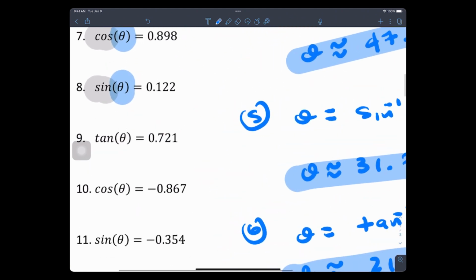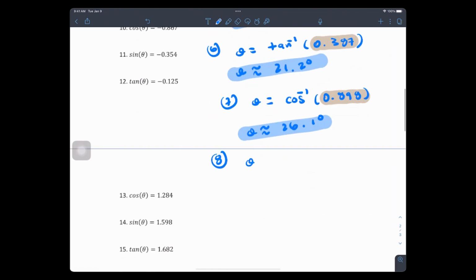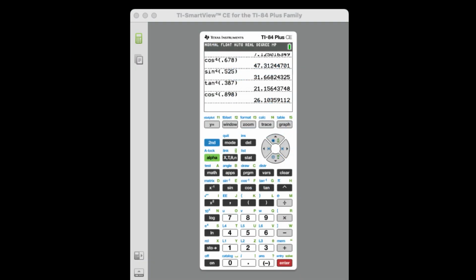So what is 8? Sine is 0.122. So we're going to use inverse sine 0.122. So, calculators.